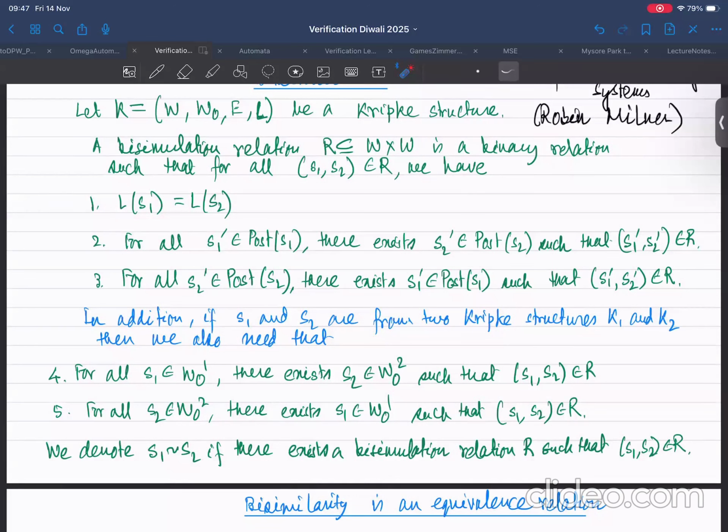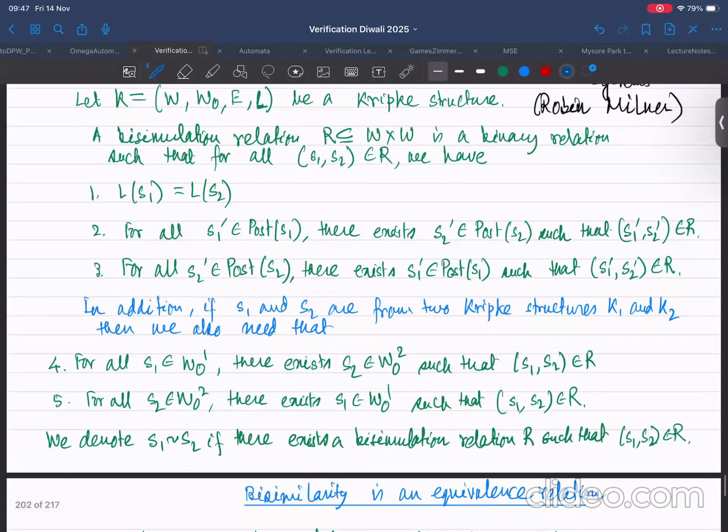Then look at this. Suppose S1 has different successors; I call them S1 prime.